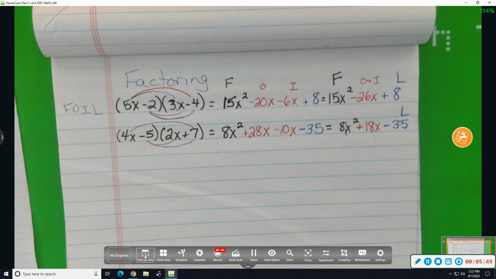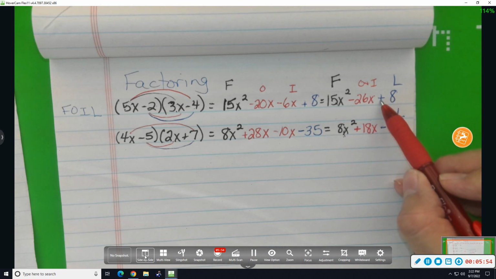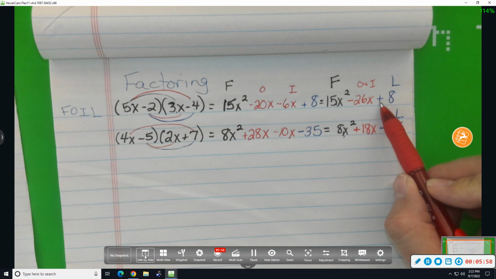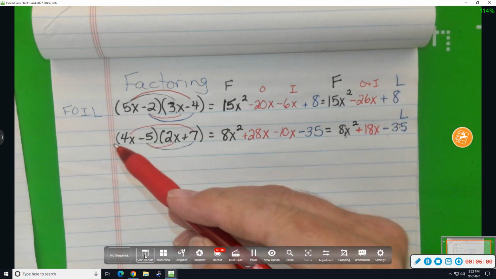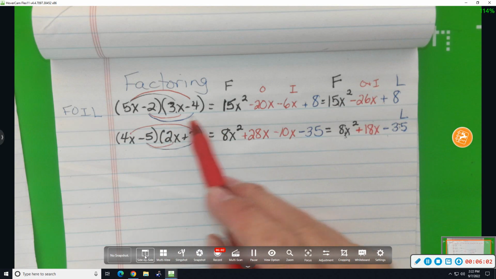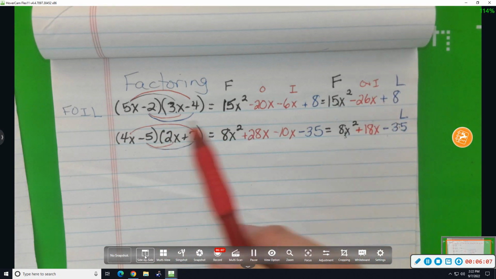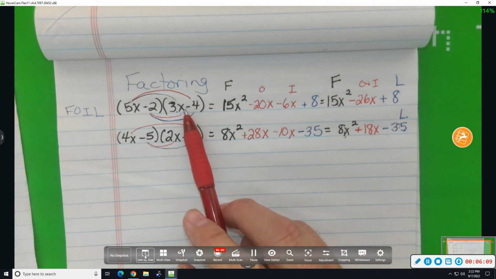One positive, one negative. If you look at this last symbol, like this plus 8, if you're going backwards, trying to figure out what goes here, if this symbol is positive, then that means either you have a positive times a positive or a negative times a negative.